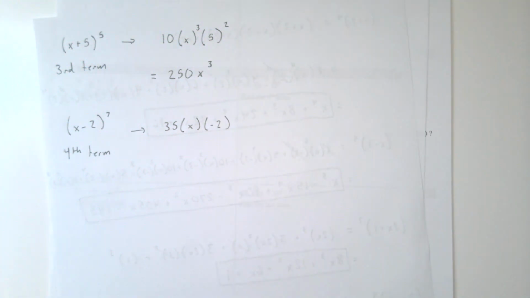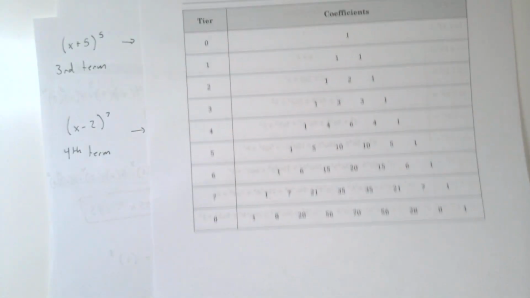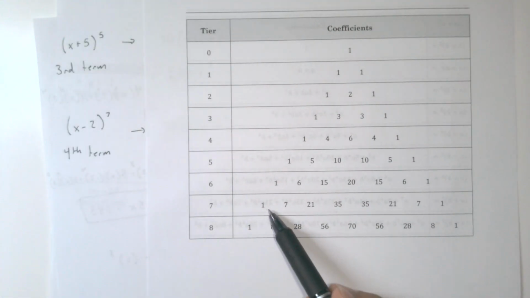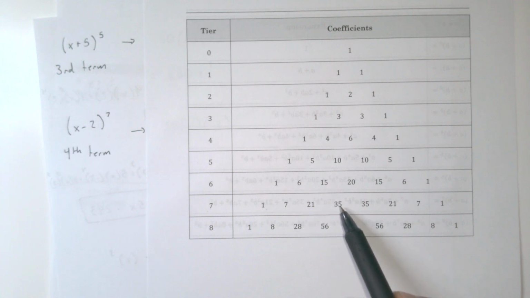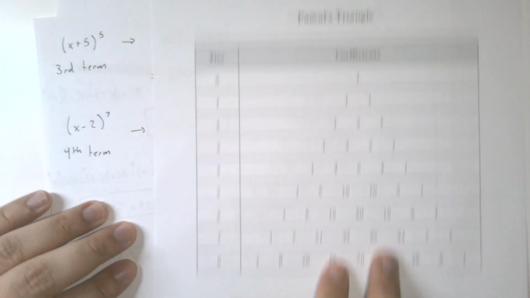And for the fourth term, let's see. So remember, this starts at 7, and then 6, 5, and 4. So 35 is our coefficient, and a is going to be raised to the 4th power.